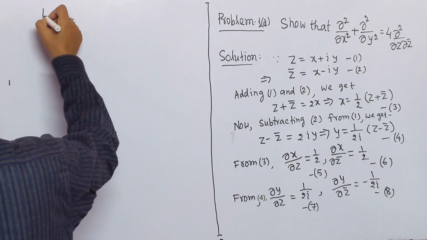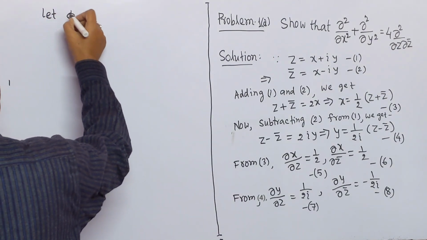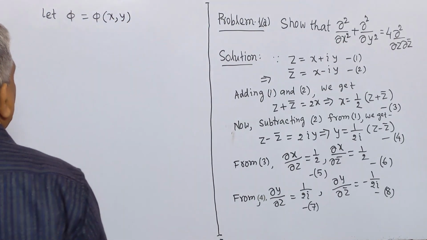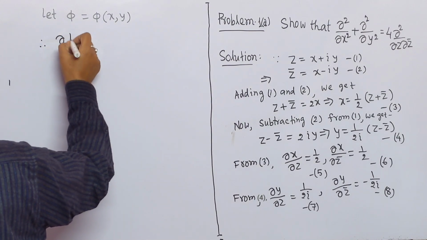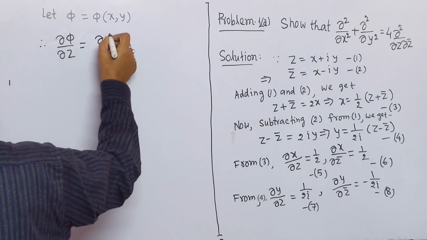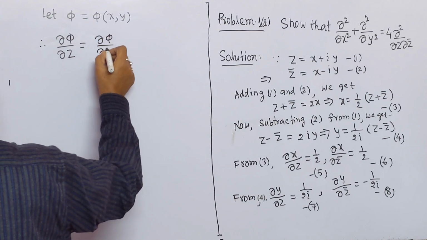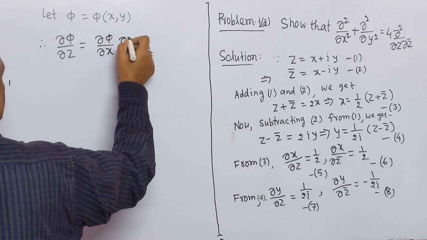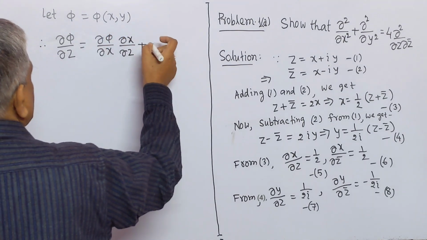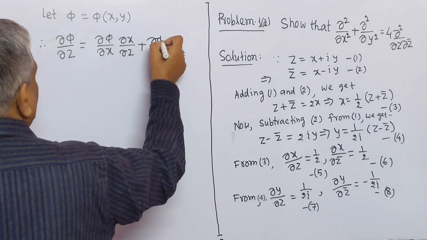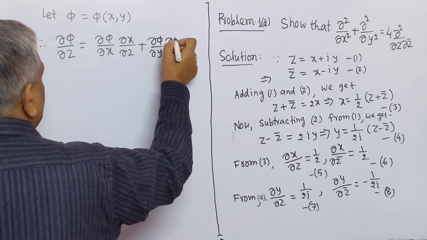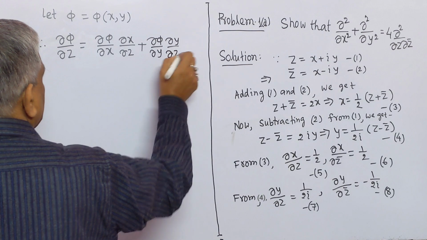Let phi be a function of x, y. Therefore, partial derivative of phi with respect to z equal to partial derivative of phi with respect to x, partial derivative of x with respect to z plus partial derivative of phi with respect to y, partial derivative of y with respect to z.